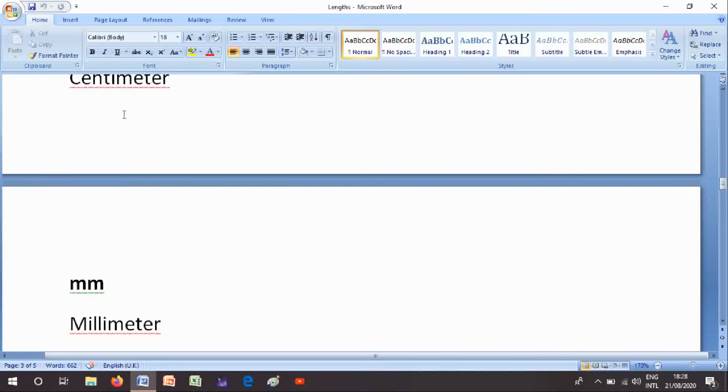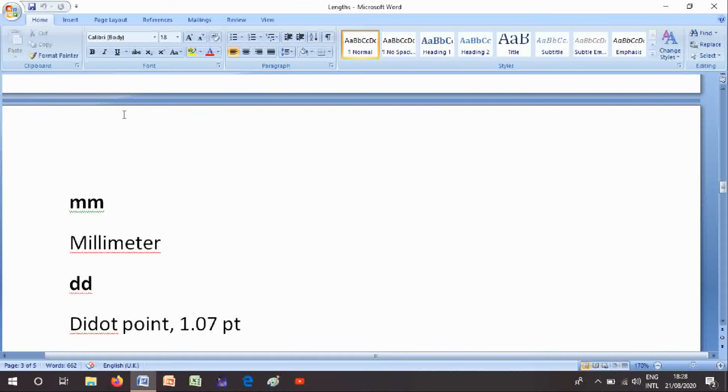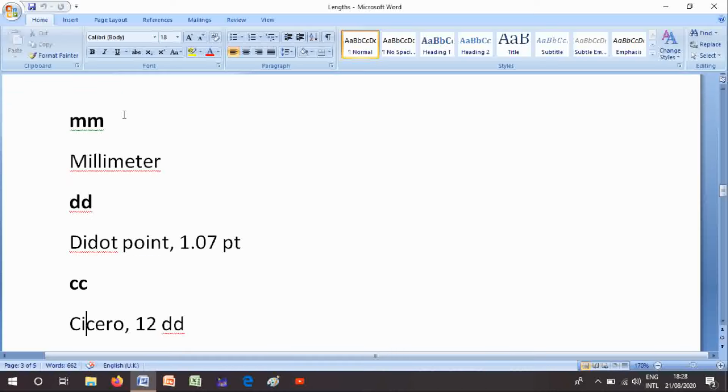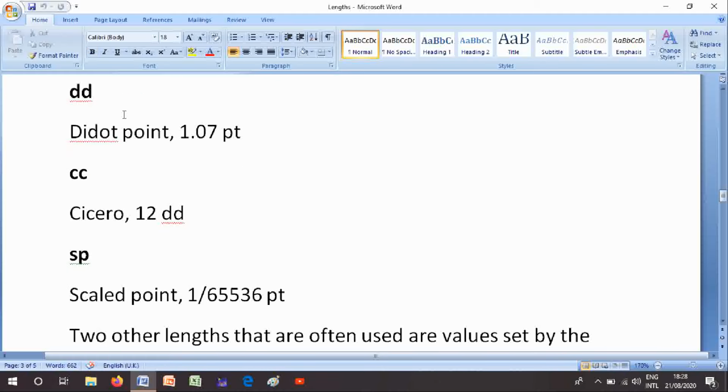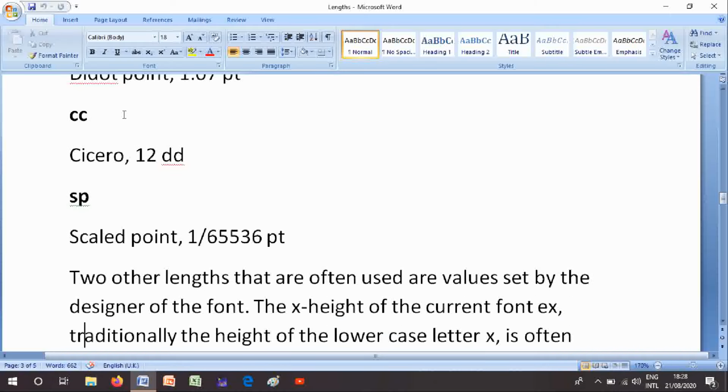cm, centimeter; mm, millimeter; dd, didot point, 1.07 point; cc is cicero, 12 dd; and sp, scaled point, 1 over 65536 point.